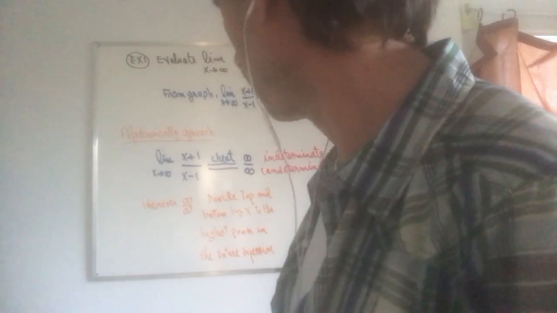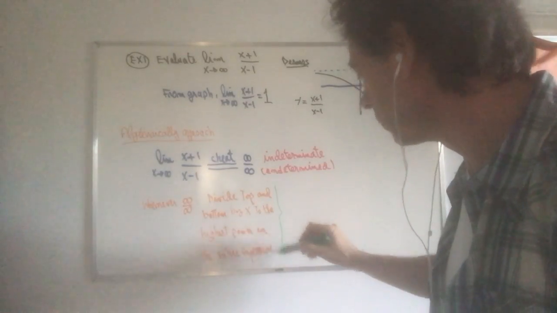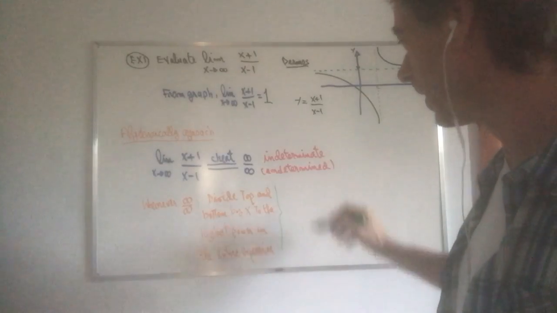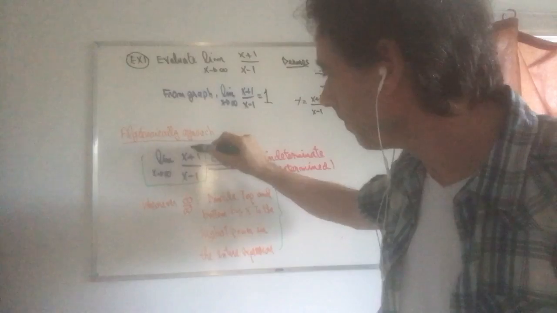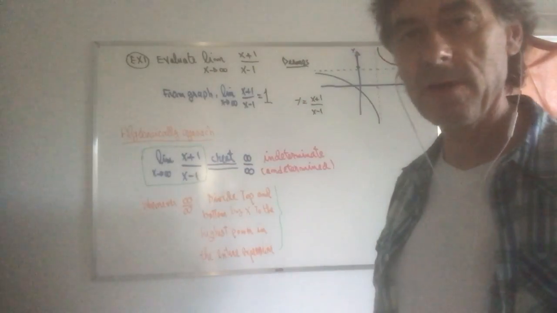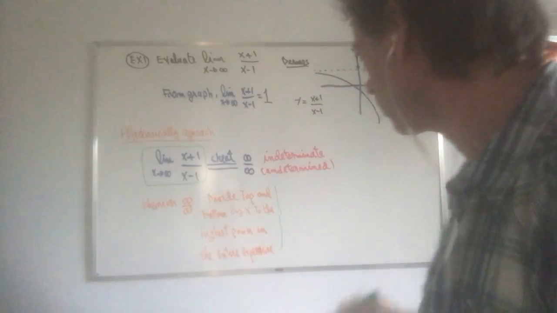Well, let's see if I apply that to my situation. What will I get? Look at this limit. What is the highest power of x you can find in here? It's x to the 1 on top and x to the 1 at the bottom.